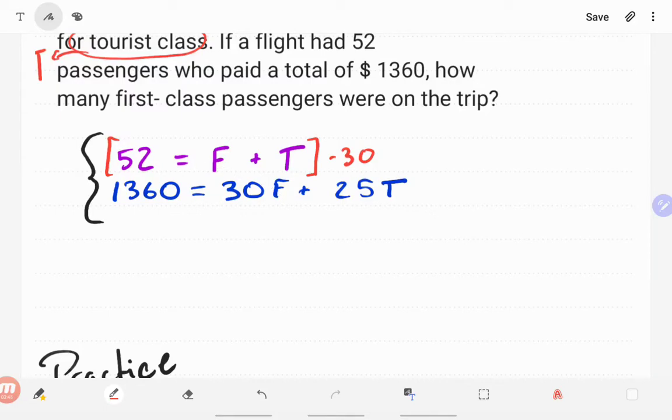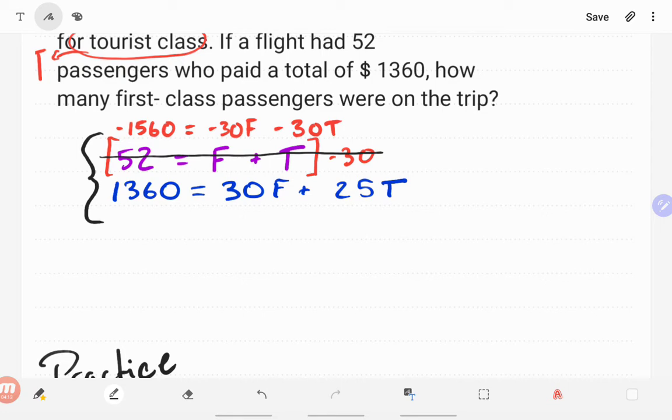When I multiply that by negative 30, what I get is negative 1,560 is equal to negative 30F minus 30T.